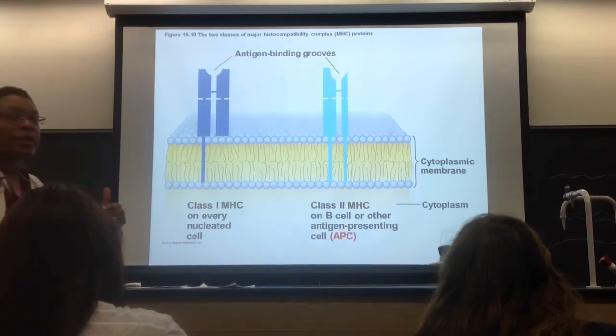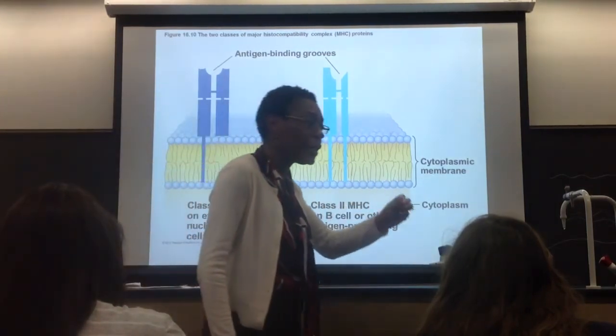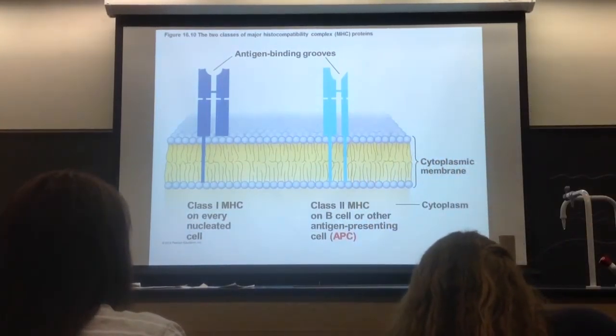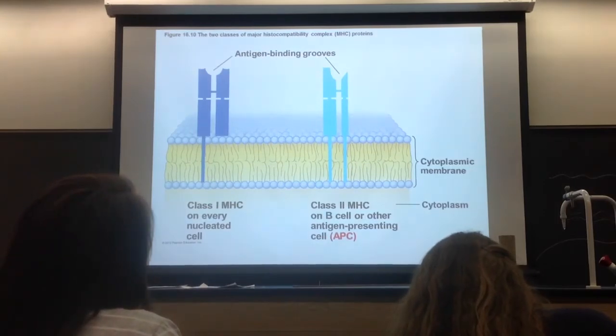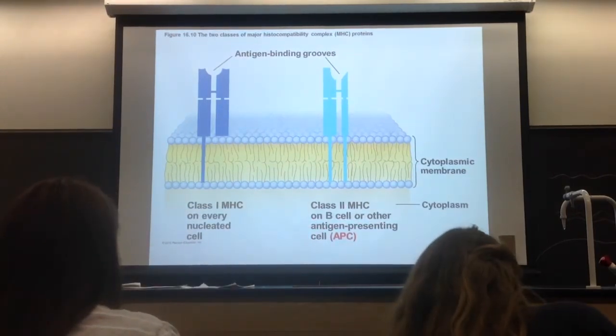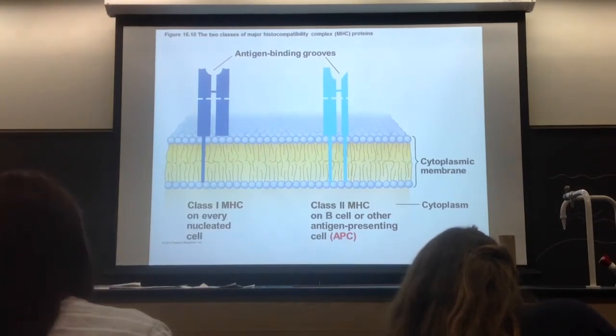An APC, you should know, it's an antigen-presenting cell. So B cells, macrophages, dendritic cells, these are basically immune cells, and their primary job is to present antigens. So they're called antigen-presenting cells, or APC for short. So whenever you see APC from here on out, right, it's what?